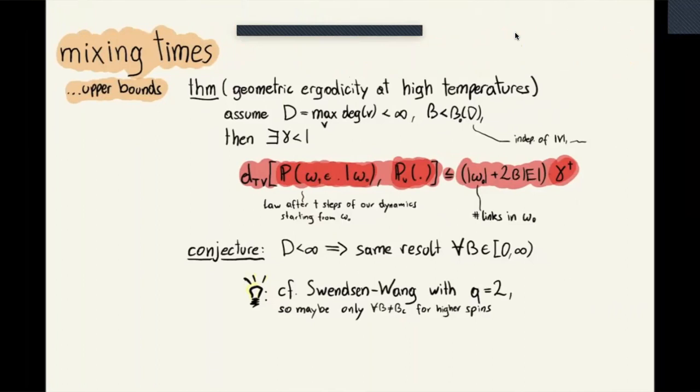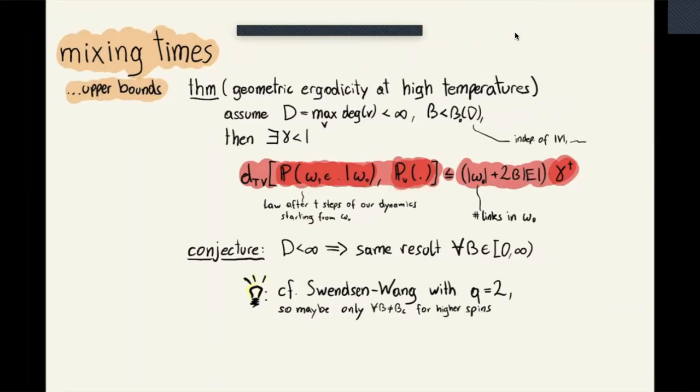So is there anything we can say about mixing times? Mixing times are a bit harder to define, but instead what we can look at is a bound. If we take t steps with our better algorithm and we start at omega naught, how far are we away from the equilibrium measure in total variation?